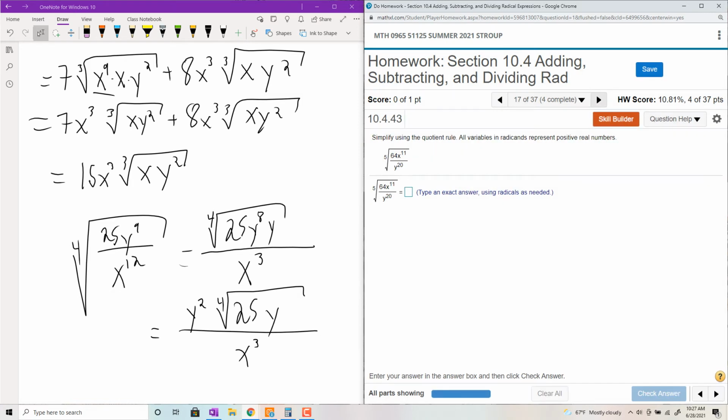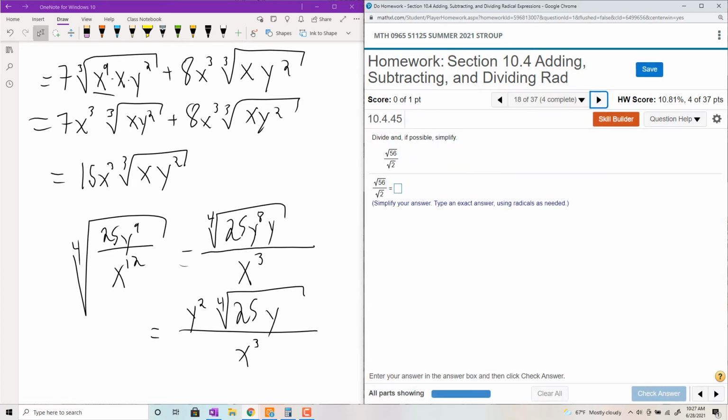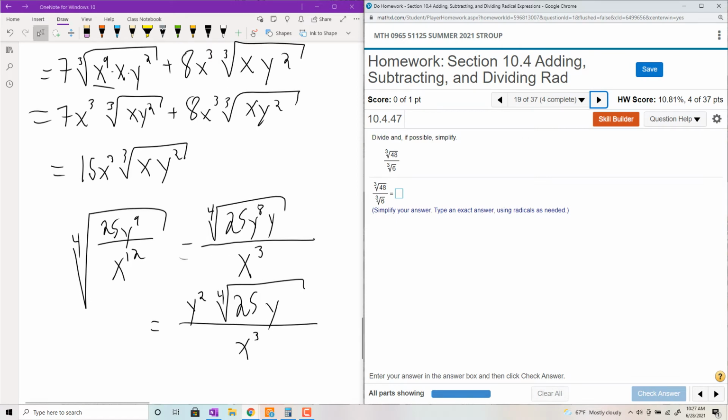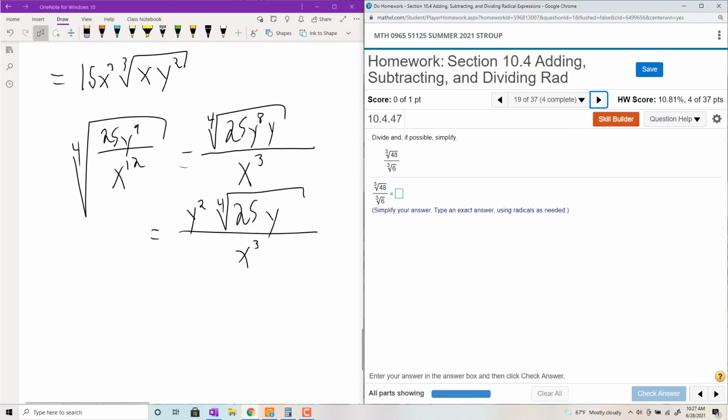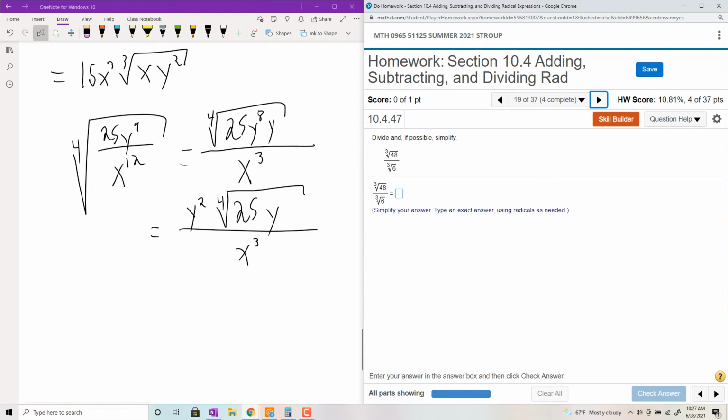Some more of the same. So this is going now in the other direction, so you want to make the quotient of cube roots into the cube root of a quotient. Sorry.